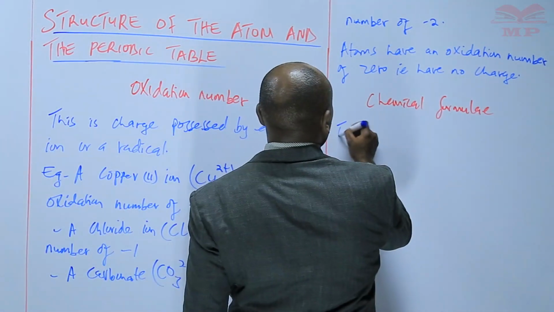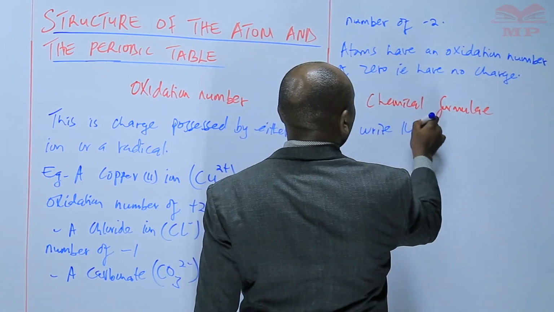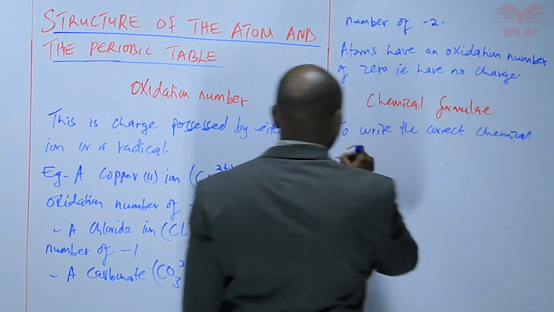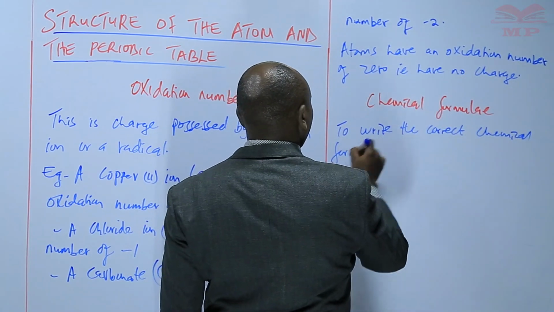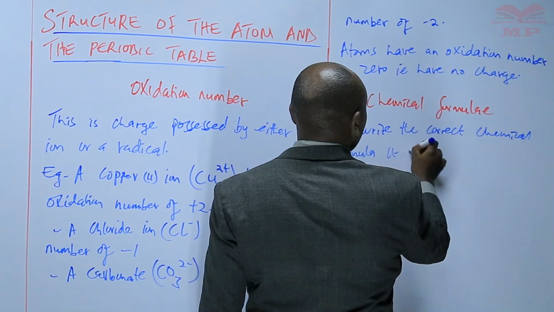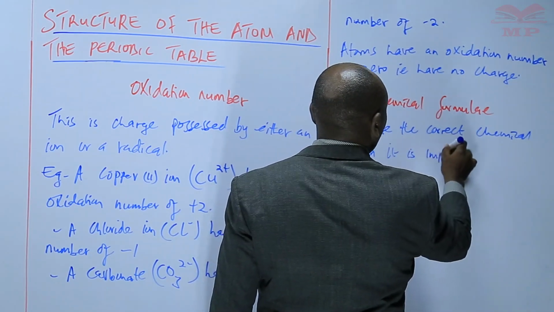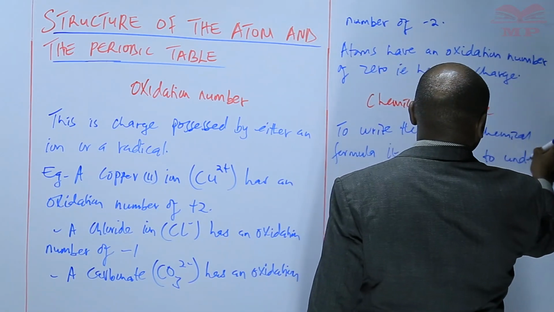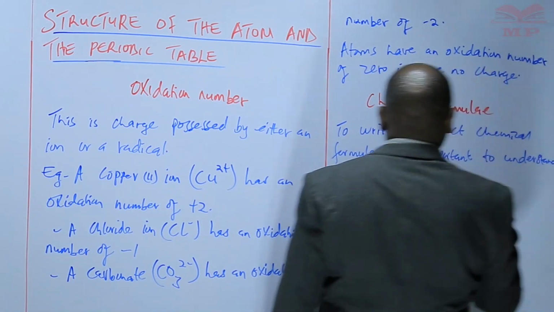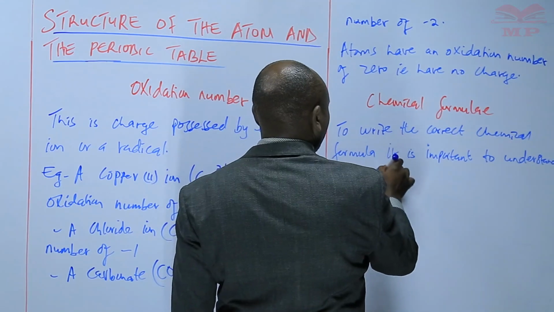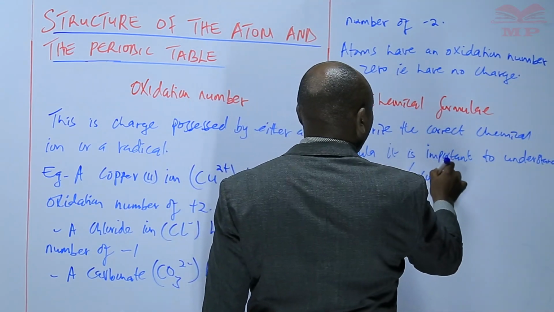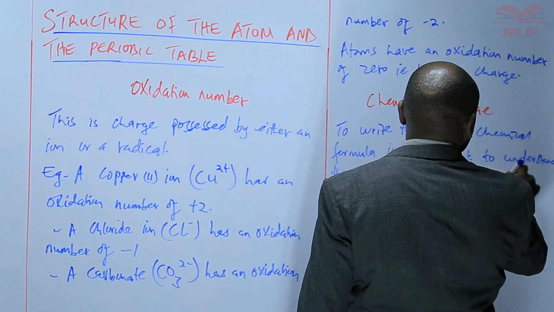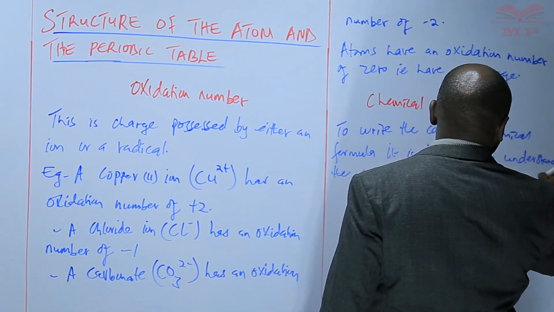So to write the correct chemical formula, it is important to understand the valency, which is the combining power of elements.